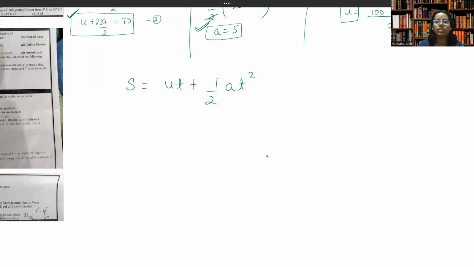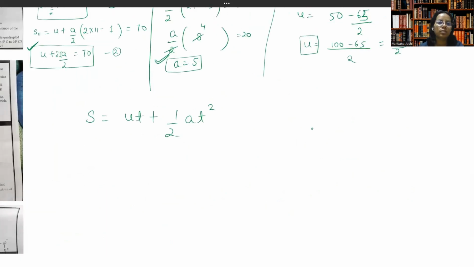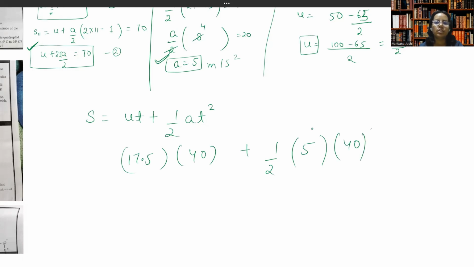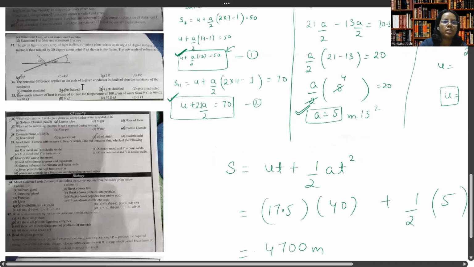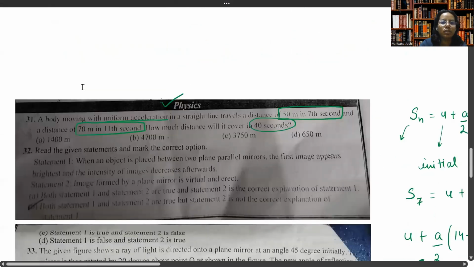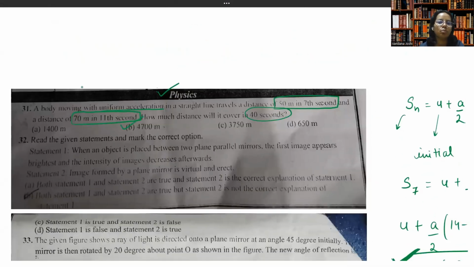U was 17.5, so 17.5 times 40 seconds plus half, acceleration is 5 meter per second square, times 40 square. When we solve this, we are going to get 4,700 meters. So for this first question, our answer is going to be 4,700 meters, option B. Let's move on to the next question.